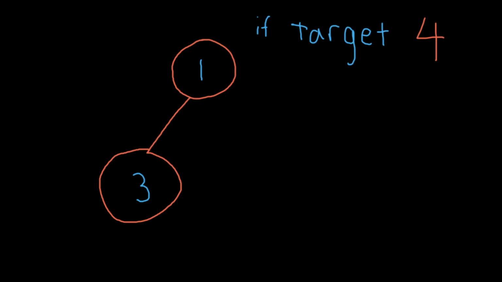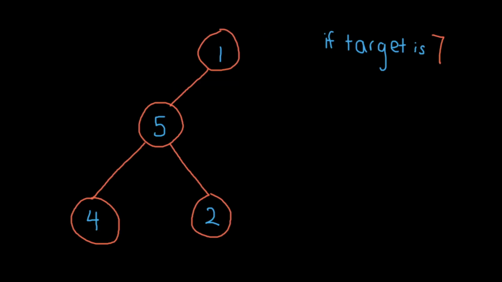And so let's check out a slightly longer tree. All right, so now we have this tree with 4 nodes, and here's the root, okay? Target is 7. And so you check the value at 1, does not match.